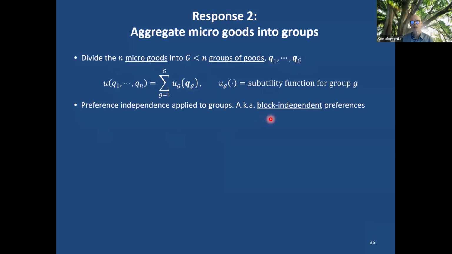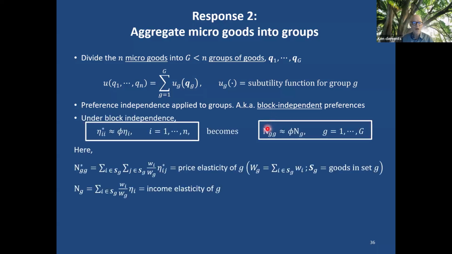So this is known as block independent preferences. So under block independence, what we had under preference independence now becomes simply an uppercase version of all of that, whereby the own price elasticity of demand for the group as a whole is now proportional to the income elasticity of demand for the group as a whole, where the same factor of proportionality applies as before.